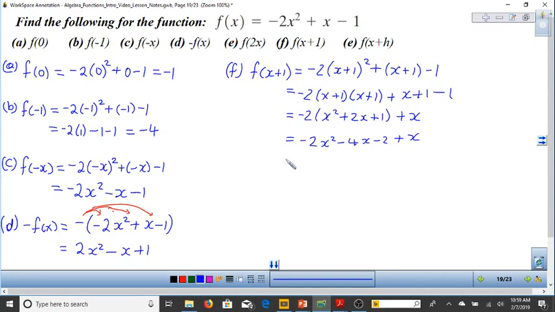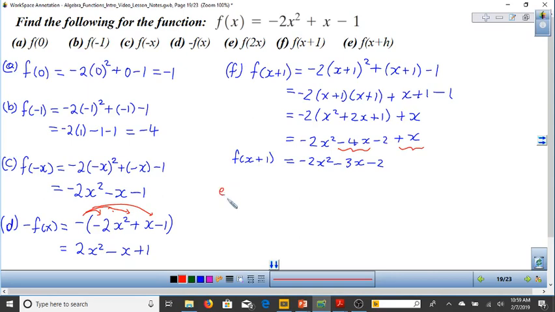So my final result then, f of x plus 1, is negative 2x squared minus 3x minus 2. And that, of course, is because we combine this negative 4x plus this positive x. And that is the answer, systematically. Remember your exponent rules when you're doing these, because those matter.